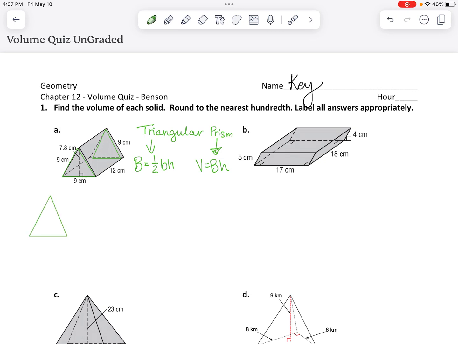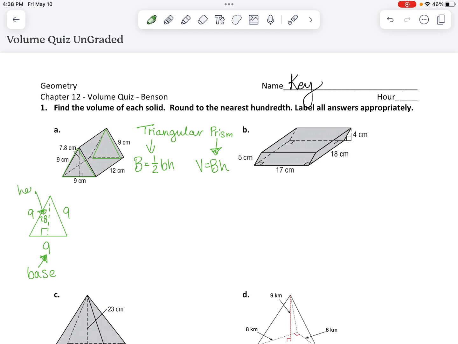So focusing in on that triangle. This is 9, this is 9, this is 9, and this right here is 7.8. So base area, half of a base times height, because triangle area, that's what it is. Well, the base of the triangle is this 9.